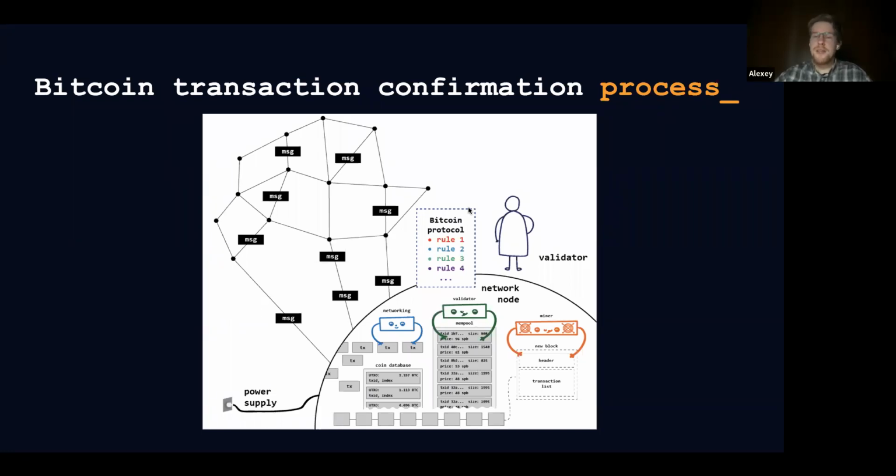Another thing that we have here is a list, a small or even not so small list of Bitcoin protocol rules. These rules basically govern how nodes should behave.